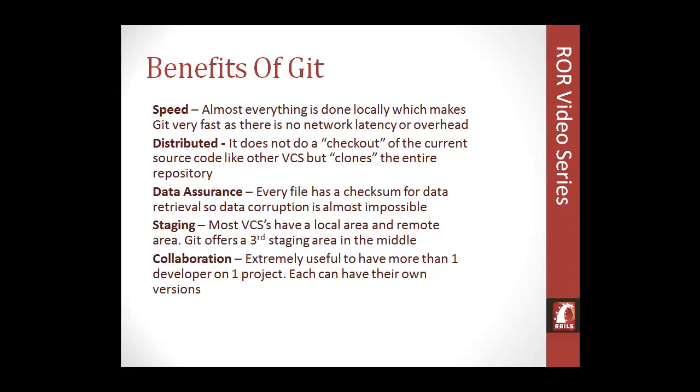Staging is another big thing. Most version control systems will have a local version and a version on the server, and that's it. Like I said before, you save the local and then the remote gets saved. That's very simple version control. Git, however, has a staging area, which is a third area in between the local and the remote. So you can change something and then send it to the staging area without actually committing it to the server.